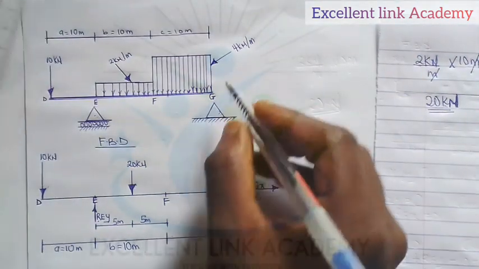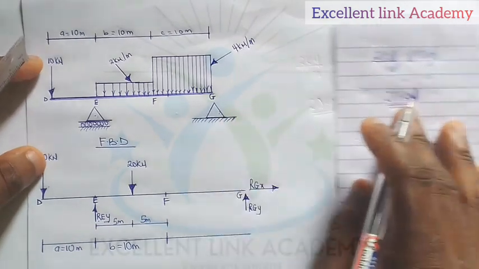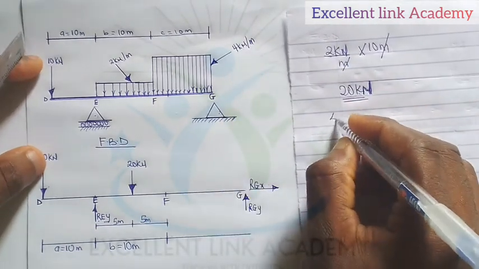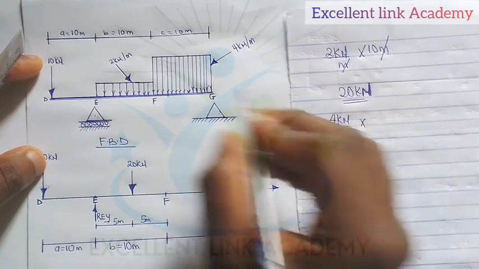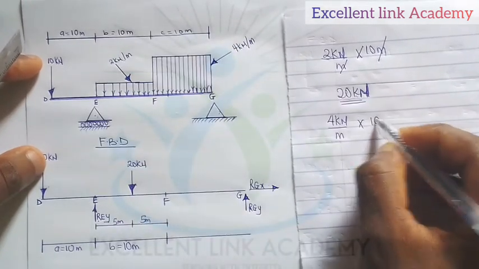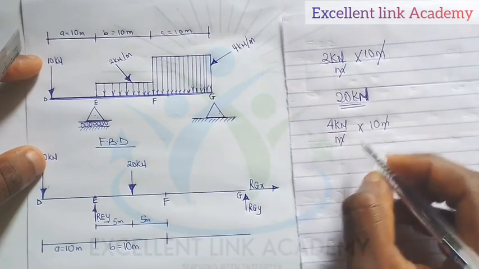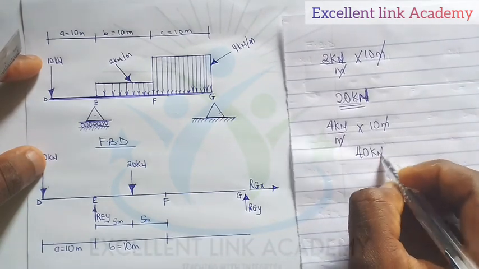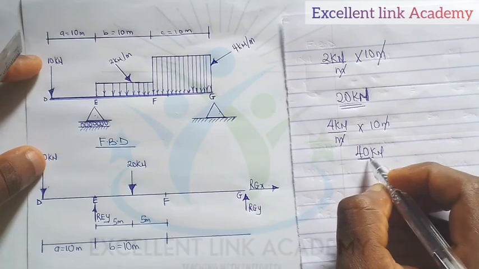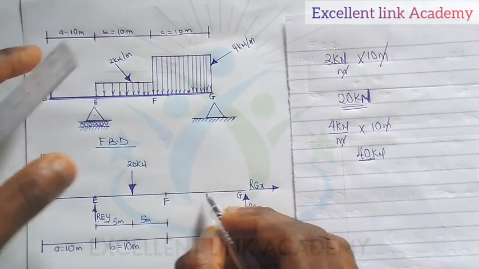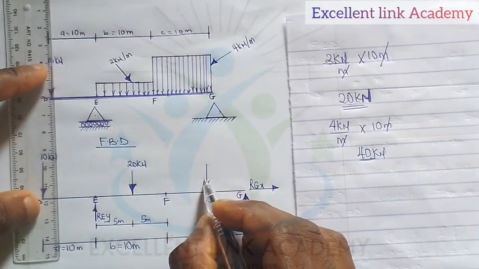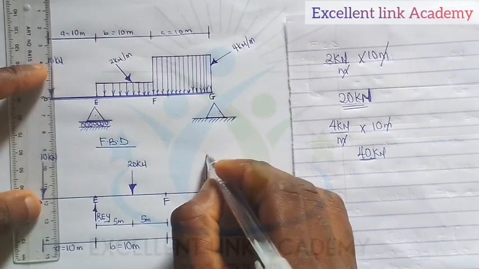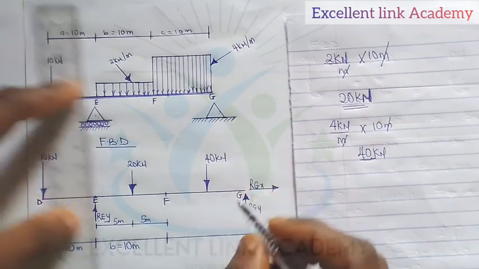So if I have 4 kilonewton per meter, convert it to a point load, that becomes 4 kilonewton per meter multiplied by the distance from here to here, which is 10 meter. Cancel out the meter and I have 40 kilonewton. This point load will act at the center, so I put it at the center here. So I have 40 kilonewton.